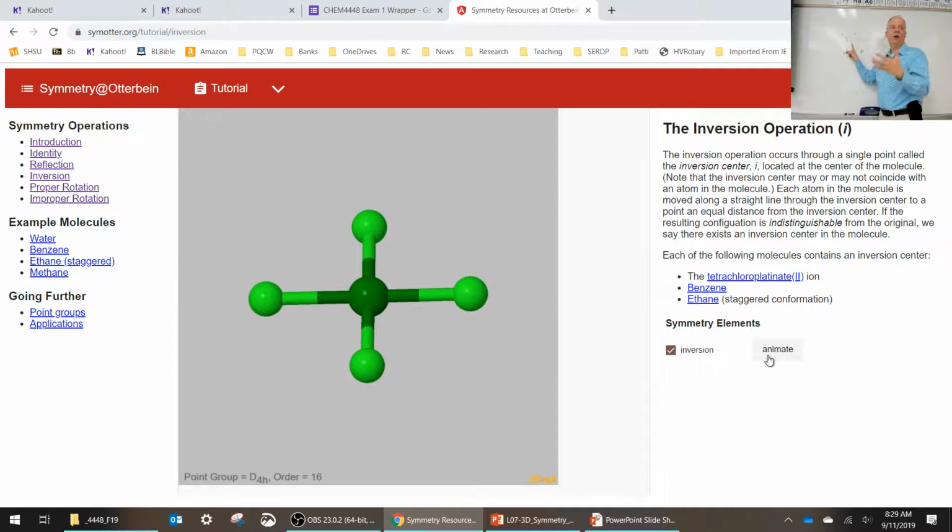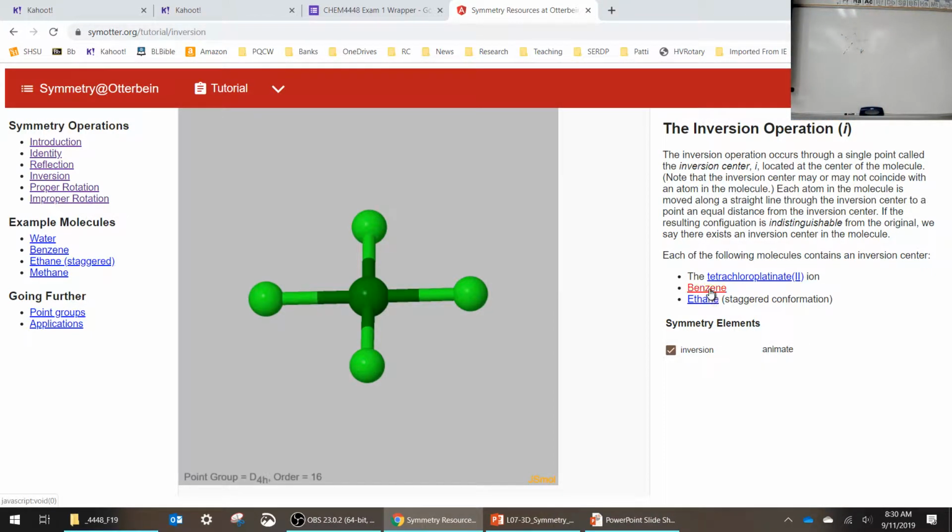So when we talk about point group symmetry, they're talking about symmetry around the center of mass of the molecule. And all of the reflection planes, the inversion center, the rotation axes, they all go through that point. So if you can stand on that point and look around the molecule, you can visualize a lot of the symmetry.